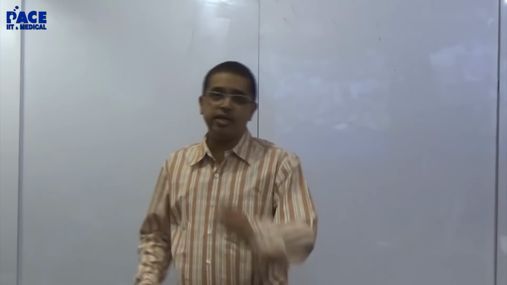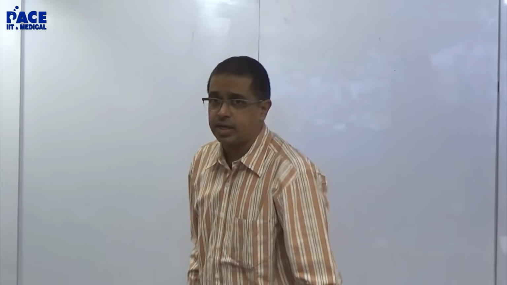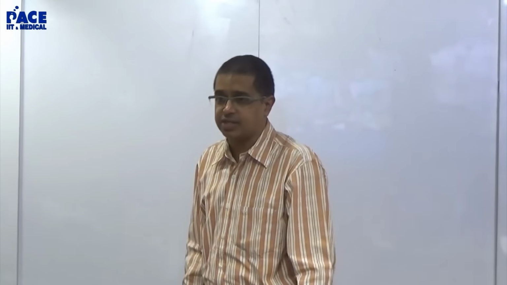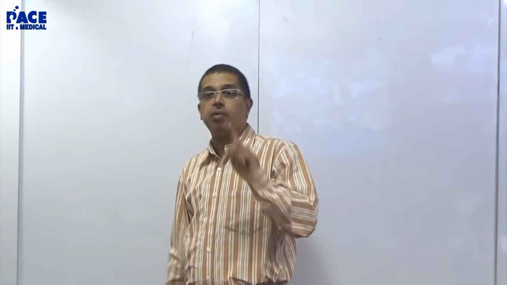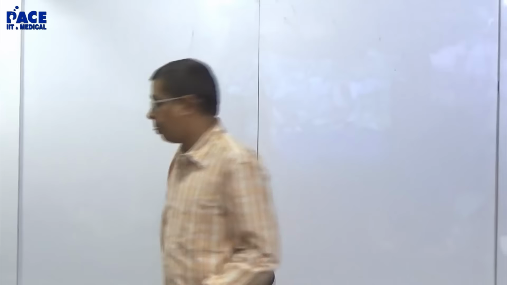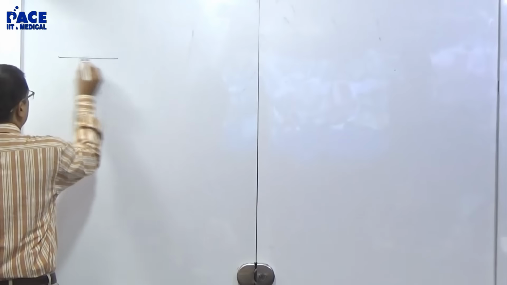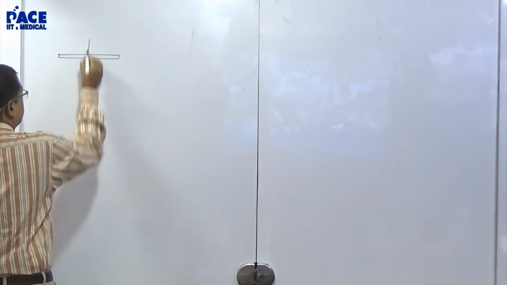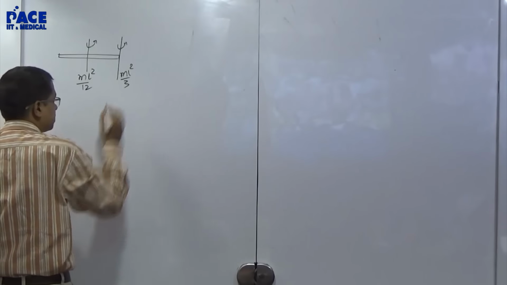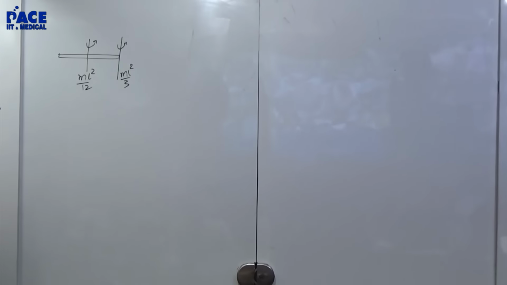Let me summarize everything that we have learnt as far as moment of inertias are concerned. You will have to remember these formulae. First of all, you dealt with the moment of inertia of a rod about an axis passing through the center and about an axis passing through one extreme end.